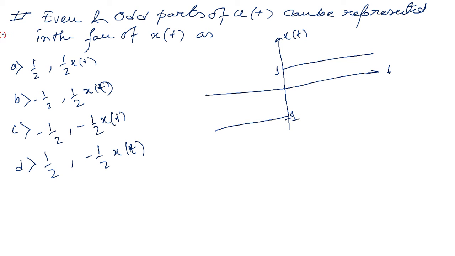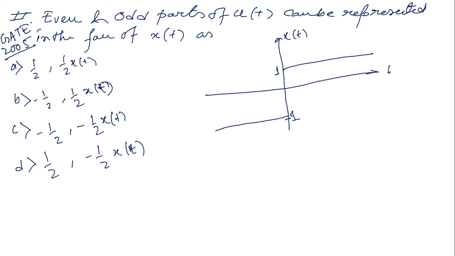In 2005, I have seen another question on causality, and I will tell you about it. In the GATE 2005 paper there are two questions from elementary signals: this question and another causal signal question.